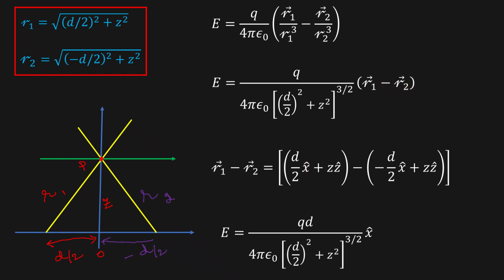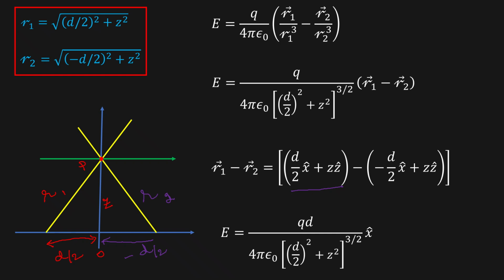So what is script R1? Here you are taking the vector quantity, so you have to add these two.